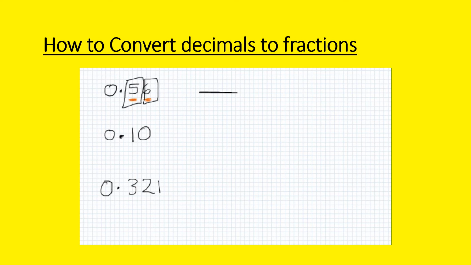Because I've got 2 places, I'm going to make sure I've got 2 places here. 1 place, 2 place. And look, they've got a space here for one digit, all right? So we've got three digits, a 0, a 5, and a 6. So this is the 5 and the 6, so there's two places for the 5 and the 6. And that 0, I'm going to change that to a 1, okay?